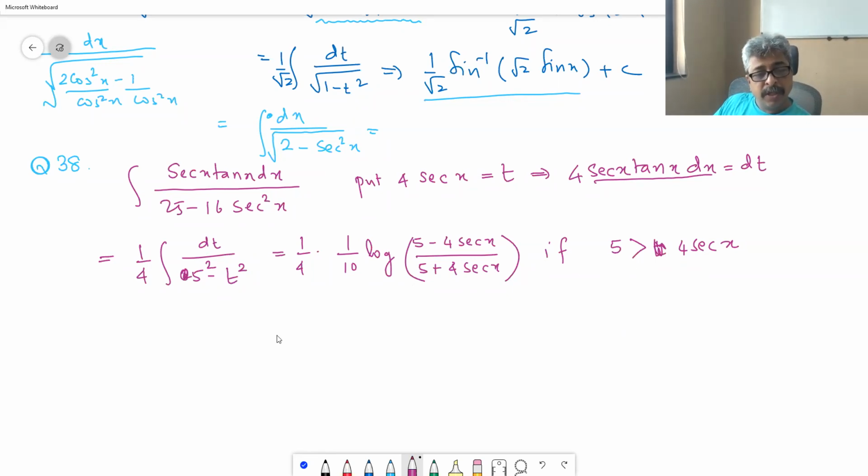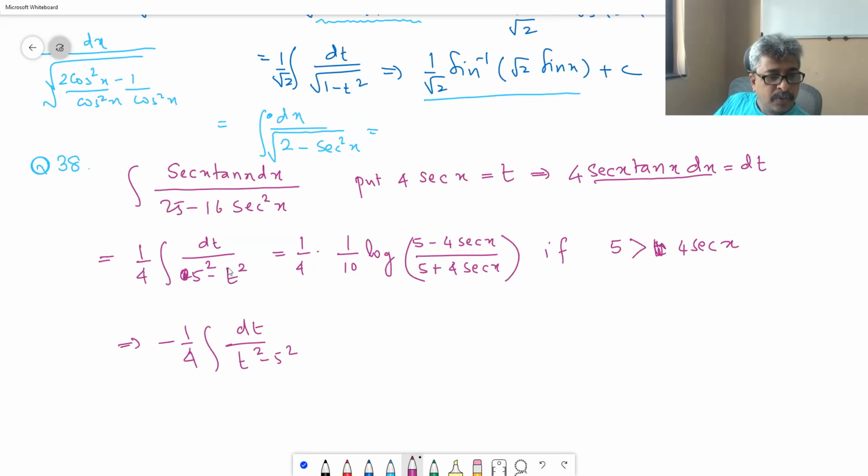Else, the answer would be if t square is greater than 25, then what will happen is the same answer, equal to minus 1 upon 4 integral dt upon t square minus 5 square.